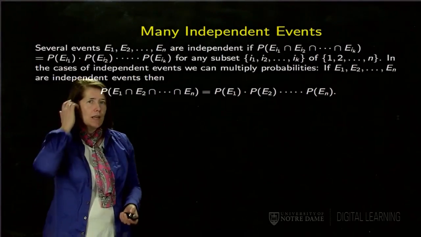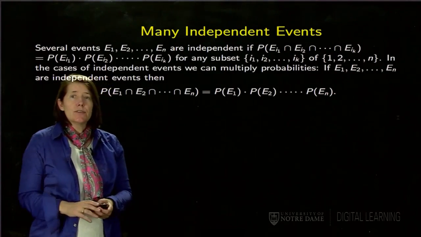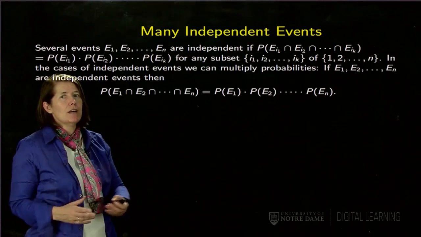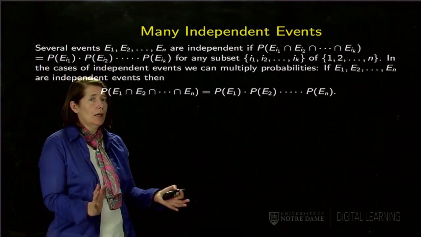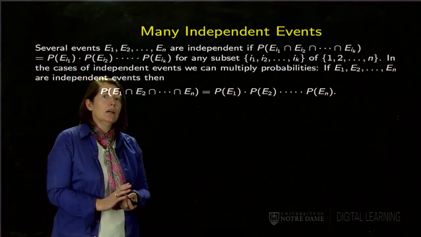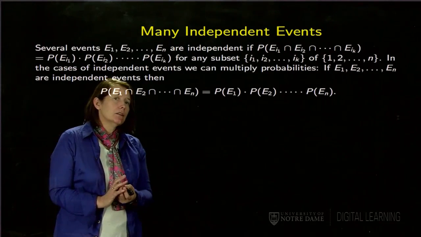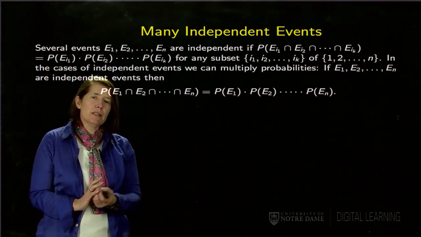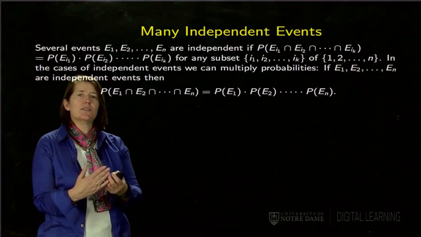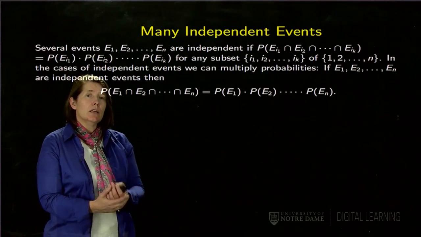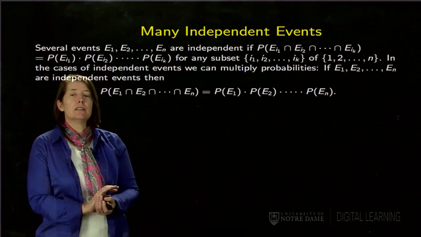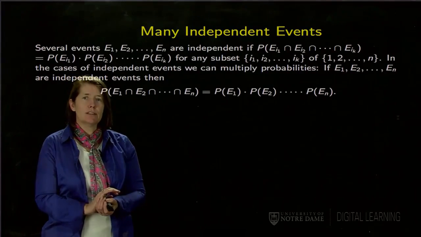We also have the concept of many independent events. If I have several events, E1, E2, down as far as En, that n could be 100, it could be 5. They're independent if the probability that any subcollection of them happens at the same time is the product of the probabilities of that subcollection.